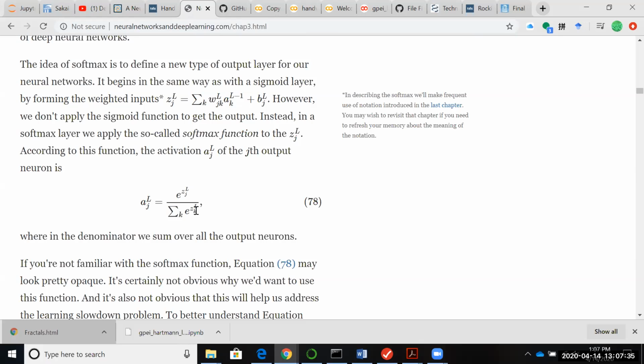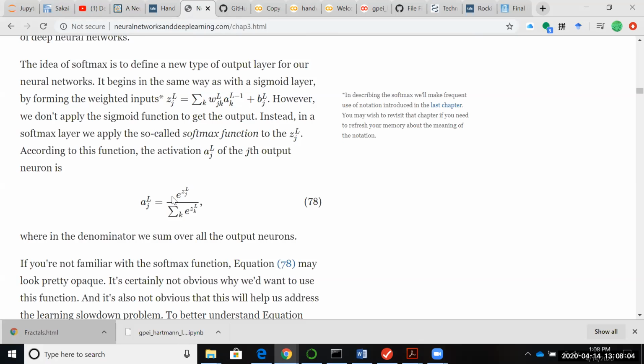The partition function is a very important quantity in statistical physics and statistical mechanics, and this is borrowed from that. So this is the proper normalization. If you sum over all A, it automatically gives you 1. So if you try to predict something which is a probability, say you have 10 possible outcomes in our case, the probabilities added together have to be 1, because it has to be one of those.